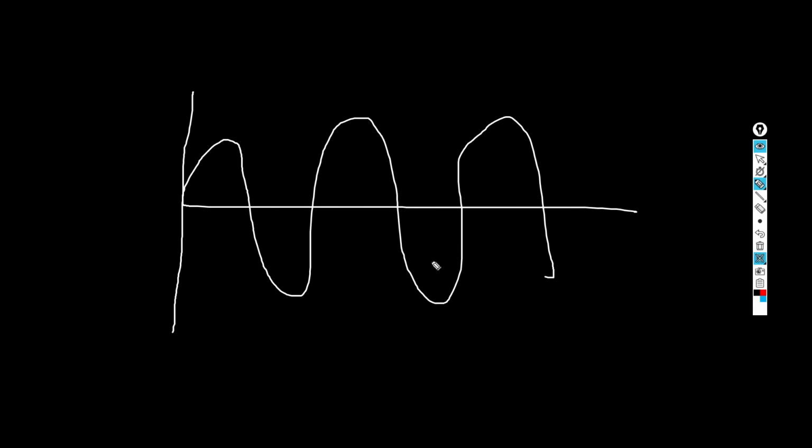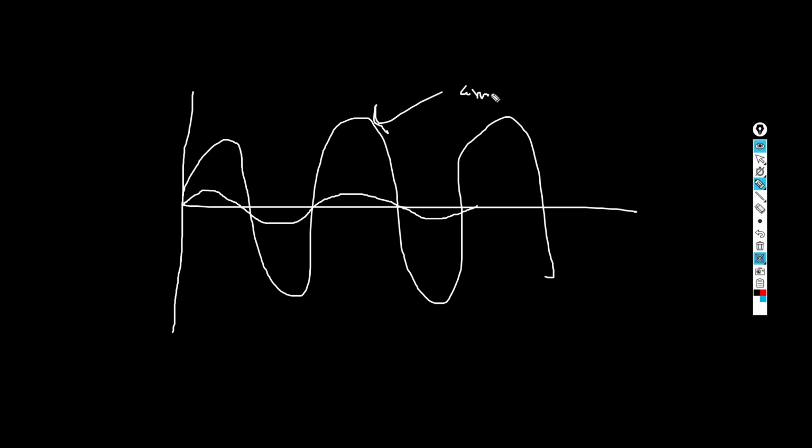Now, the intensity of a wave, let's say a sound wave, how loud would it be? Here we have the graph. The intensity of a wave is its amplitude. Let's say you have a wave like this, and another wave like this. Which one's louder? The bigger one's louder.